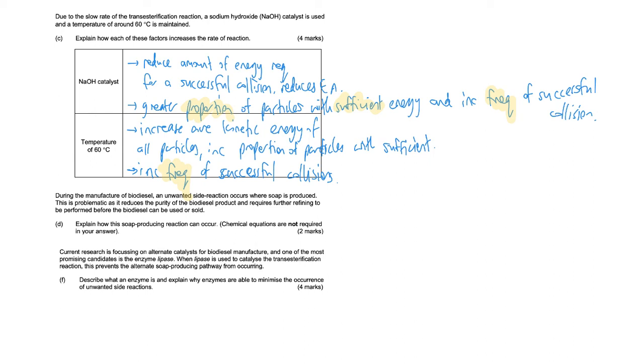All right. Next, what do we got? During the manufacture of biodiesel, an unwanted side reaction occurs where soap is produced. It's problematic, blah, blah, blah, blah. Explain how the soap producing reaction can occur.